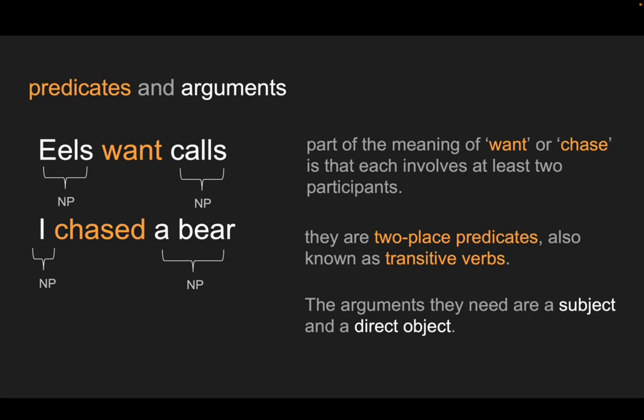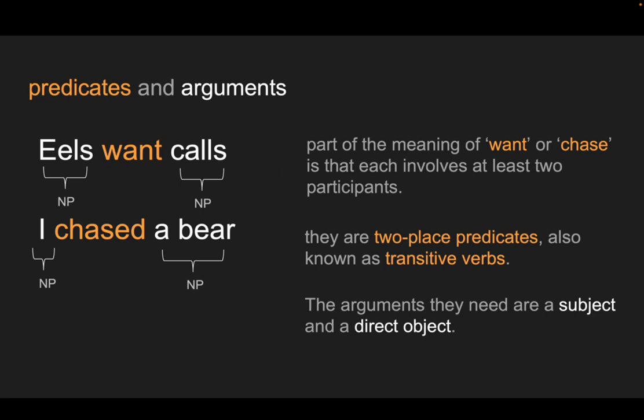You got to know that information, but you also have to know that want, whatever it is, it needs somebody to do it. And it needs something to be wanted. Like, you can't have a wanting event without a wanter and a wanted. Even if you don't say both of those things in the sentence, you know that they have to exist, right? Same thing with chase.